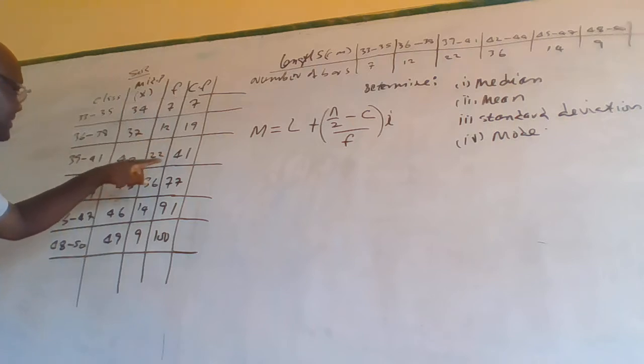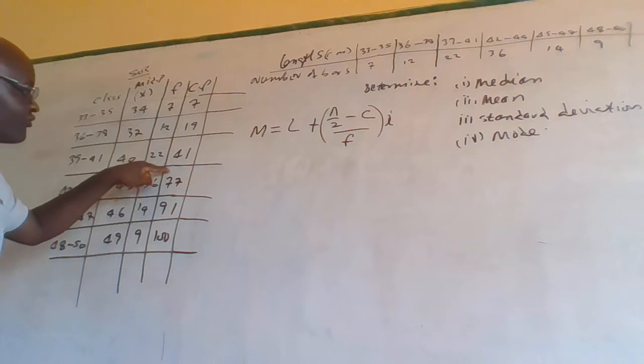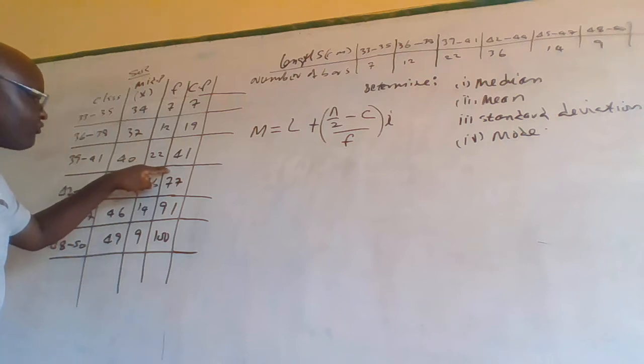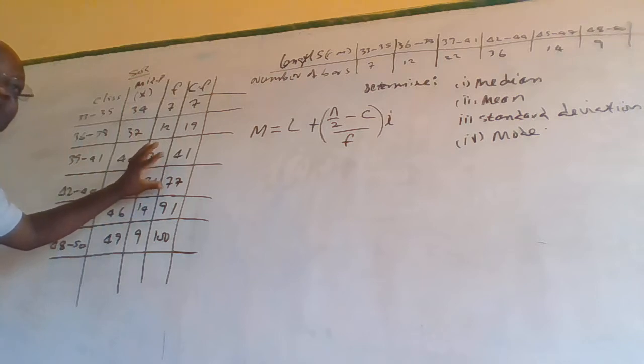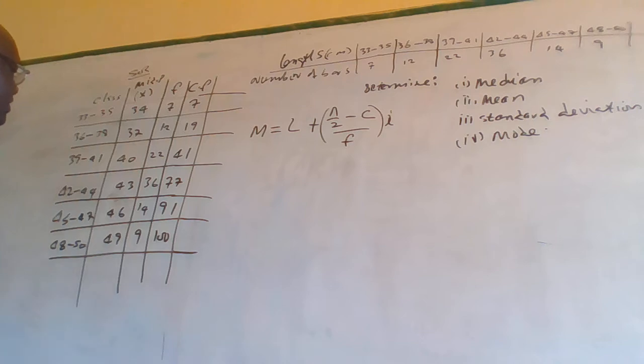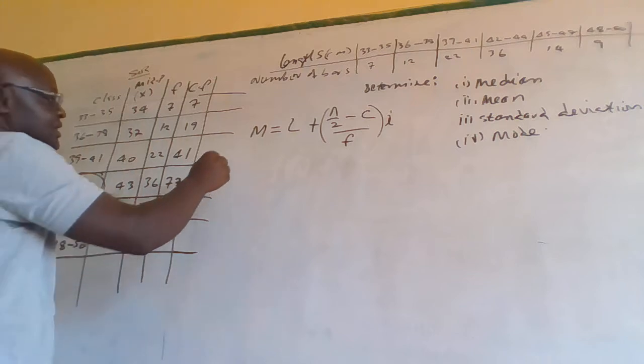Then the class 42 to 44 takes us from 42 all the way up to 77. So you can see that 50 falls in this class. Therefore, this will be our median class.